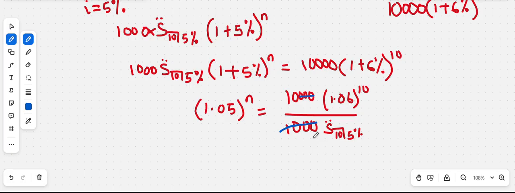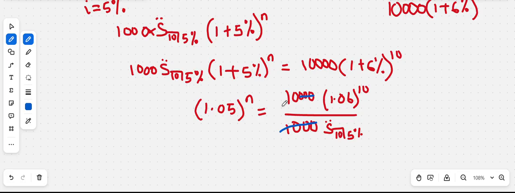So I have, okay, and that'll be times 1.05 raised to the power of n.